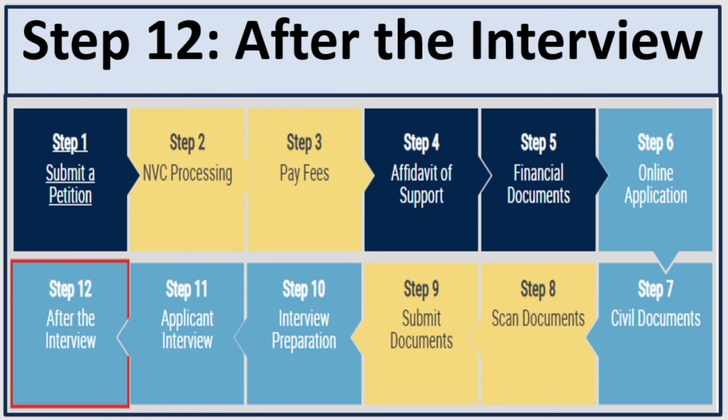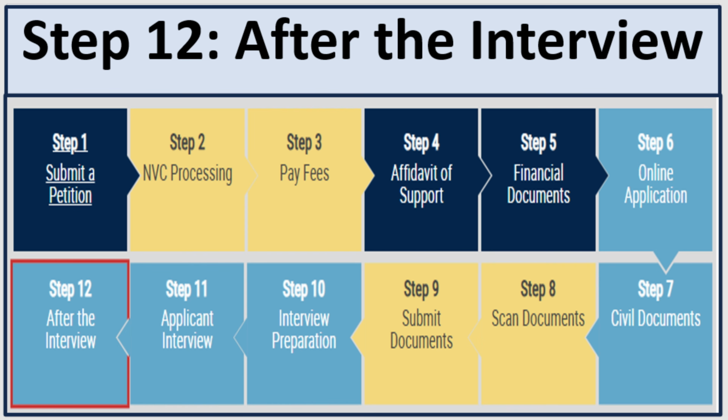Now, step 12, after the interview, what you can do. The first thing you do is, once you receive your passport, of course, because they will send it to you through the courier service you registered with. One thing a lot of people make, I made that mistake, to be honest with you. When my spouse received a visa, I tried to pay the green card fee, but every time I entered a number, they told me this A number does not need to pay this fee.